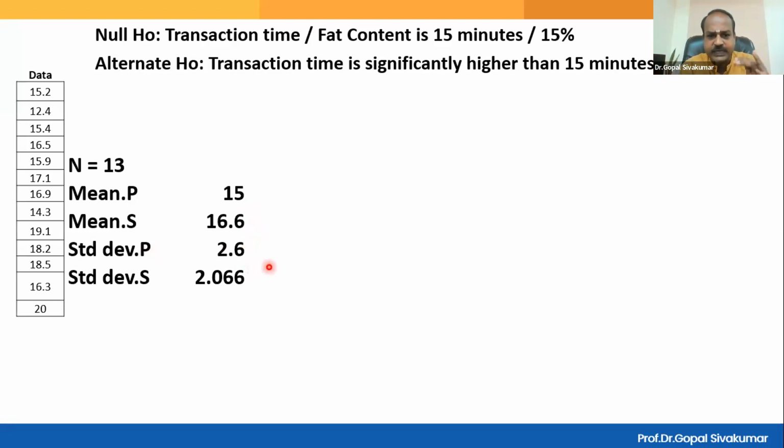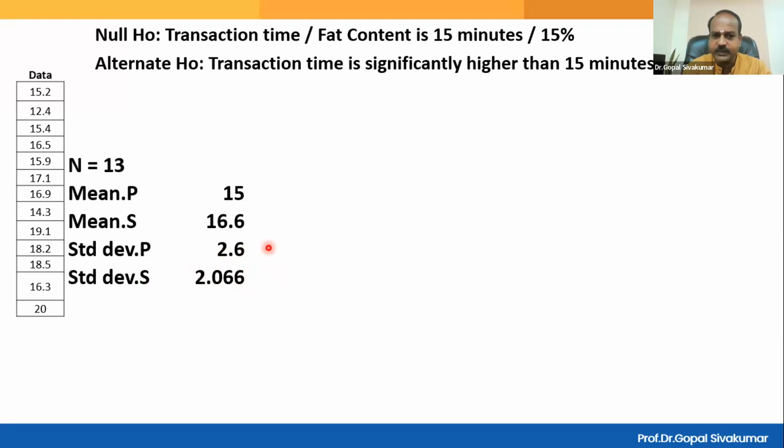Now, population standard deviation. Sometimes the company will share the population standard deviation with you. Even though you have been working in the company for the last 5-10 years, they don't share all the details. Sometimes they share, but many times they don't. In this case, the population standard deviation is revealed to you. Over and above, you can calculate the sample standard deviation. Why do we need the sample standard deviation?